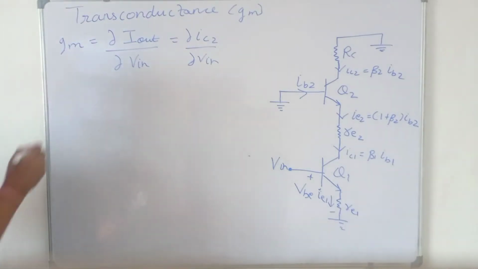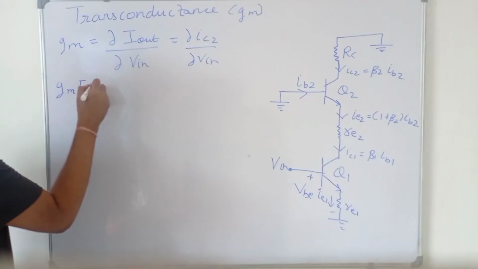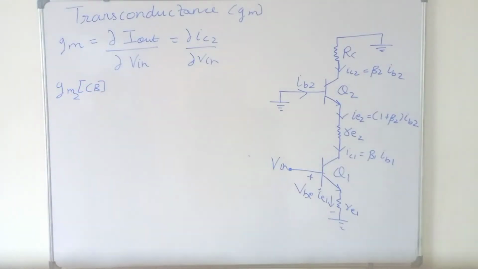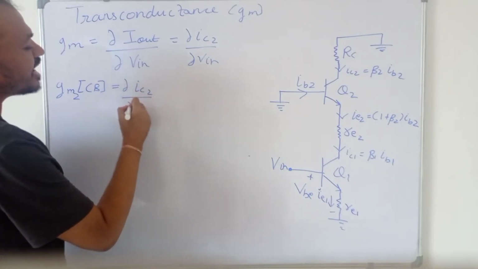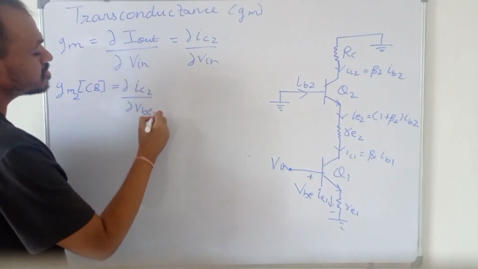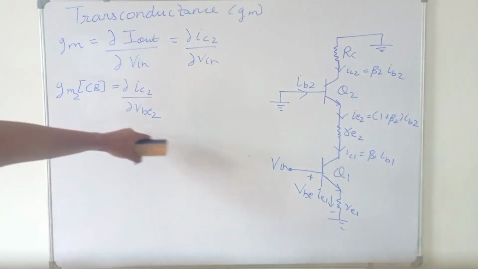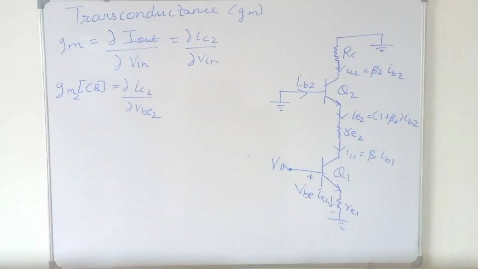Now the transconductance for the common base stage. Let me write it as GM2 for the common base stage. So it will be equal to delta IC2 upon delta VBE2, because its input is the base emitter voltage and its output current is IC2.